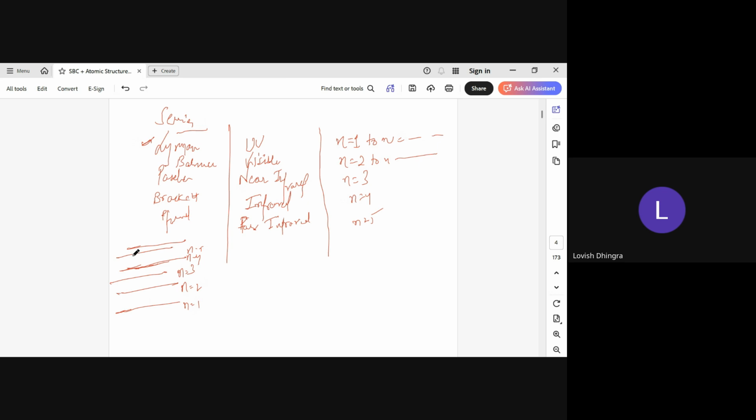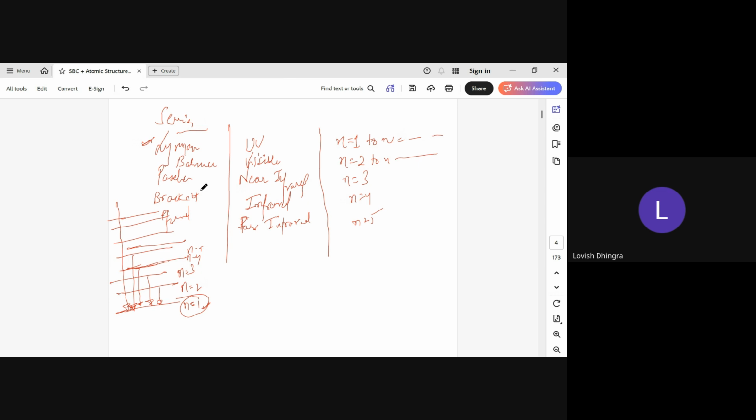Suppose it is at 5, returning to 1. The minimum energy level is n equals 1, and that corresponds to the Lyman series. It can be 4 to 1, 3 to 1, 2 to 1, or from very far, reaching level 1. That will be Lyman. Understood? Yes, sir.